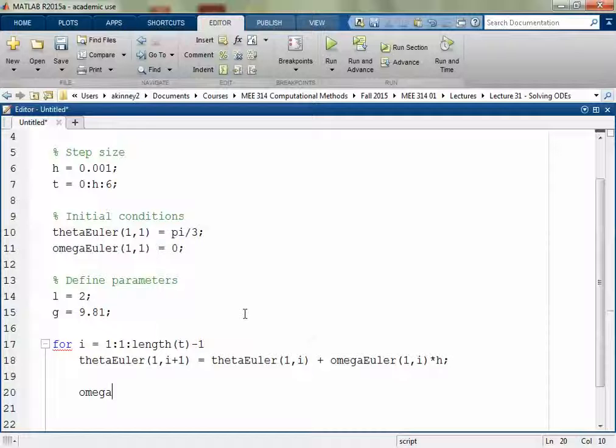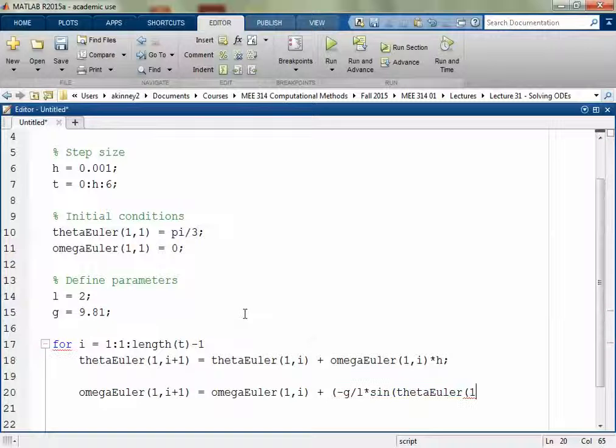I'm going to say omega Euler, same kind of format, 1 comma i plus 1, is equal to omega Euler 1 comma i, plus my d omega dt equation, or my minus g divided by L times sine of my theta Euler.